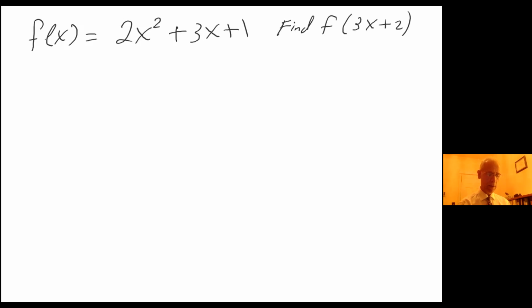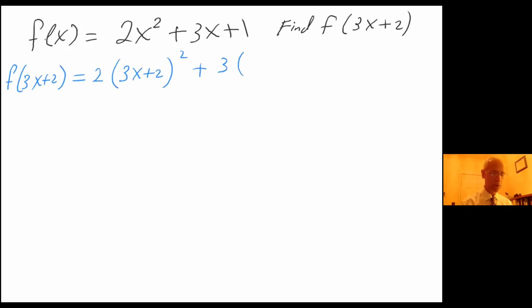So f of 3x plus 2 equals 2 times (3x plus 2) to the second power plus 3 times (3x plus 2), and I have a plus 1 here.